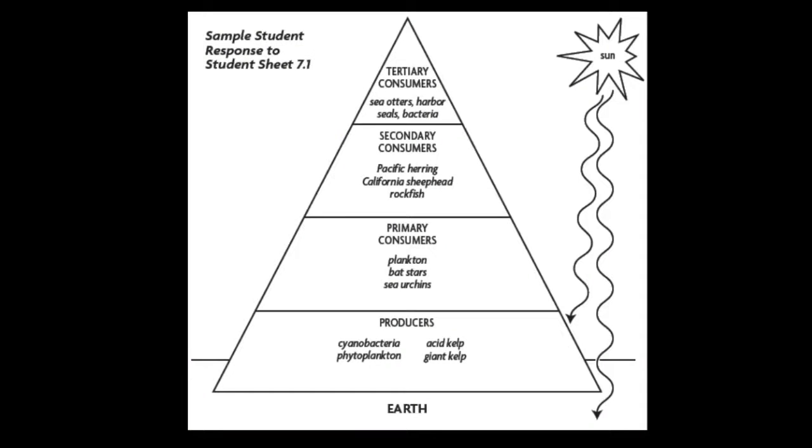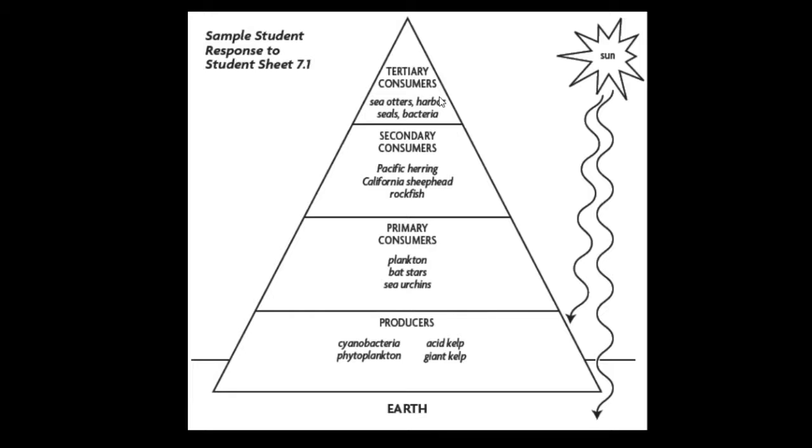Finally, we can take that information and put it into what we call an energy pyramid. So this allows us to see the energy in the system. So energy comes in from the sun, starts at your producers, and then works its way up through your levels of consumers. If you're thinking about how much energy is available, obviously the sun's the most, and then the most within the ecosystem itself, the chemical energy would be at the producer level. As you move up each level, there's less available energy.